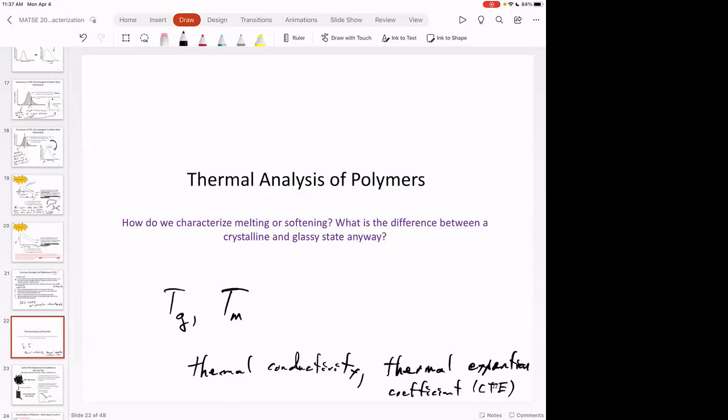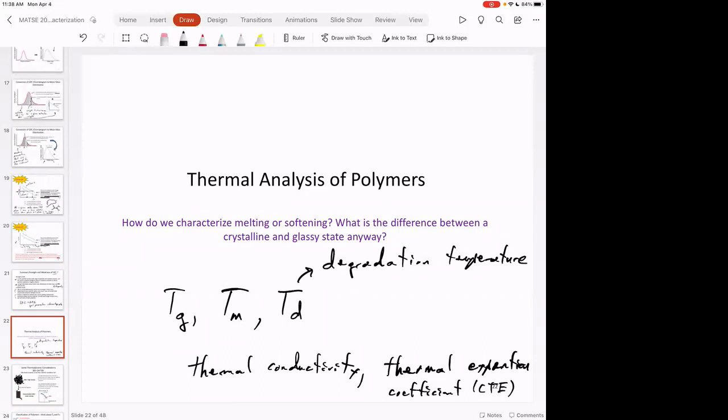I don't know the term, but it's like degradation. Yeah, it's actually called Td, which is the degradation temperature. Right on. You really want to know the degradation temperature because that tells you, let's not bring our polymer above this temperature or else we're not going to have the same thing that we started with.